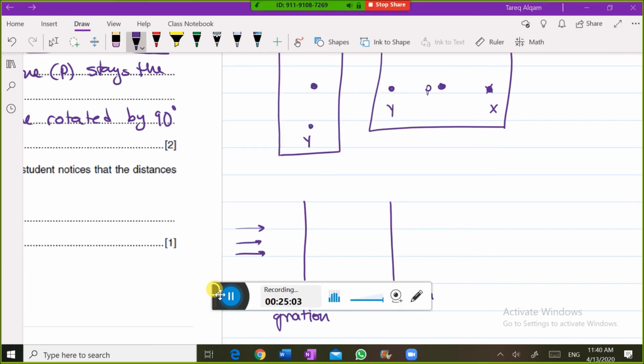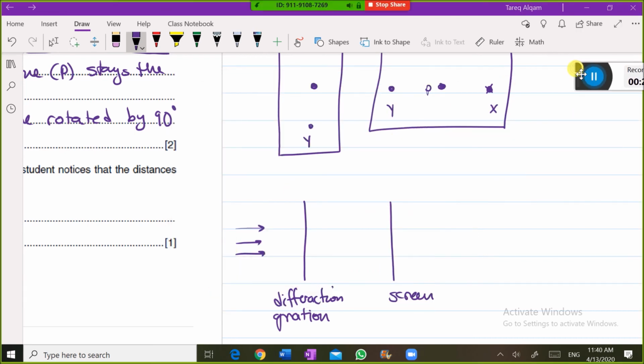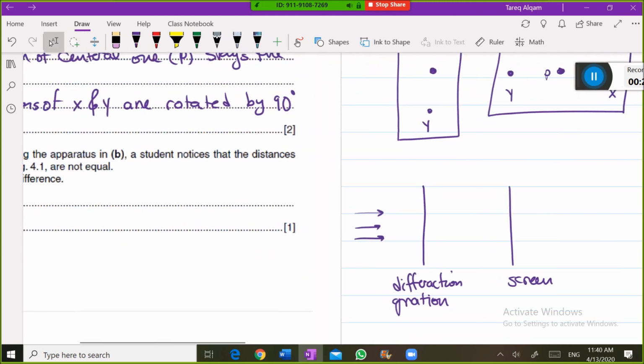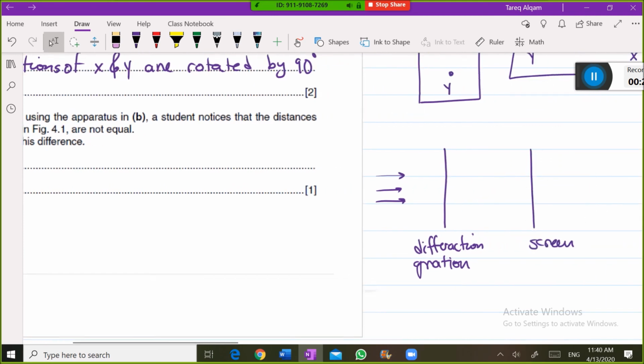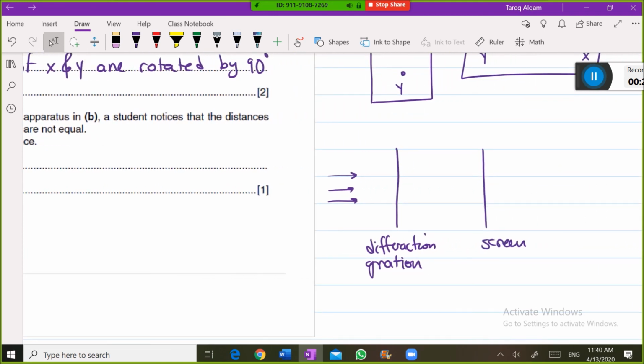Okay guys, we stopped here again. In order to observe that the interference pattern or the diffraction orders are evenly spaced about the central one, the diffraction grating and the screen must be parallel to each other, and the incident light must be perpendicular to the diffraction grating.